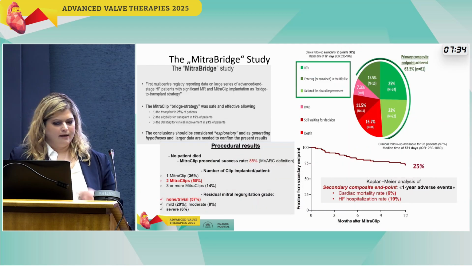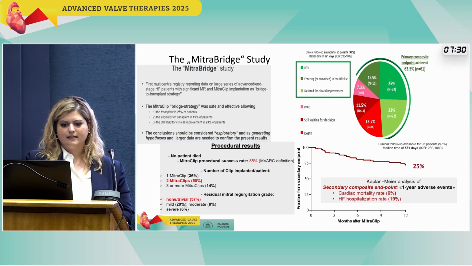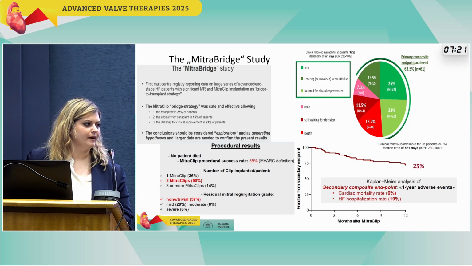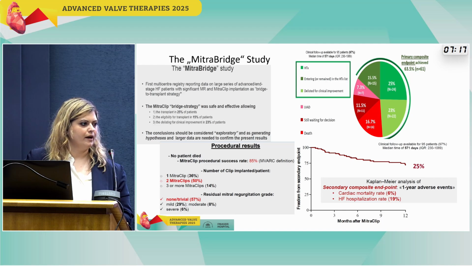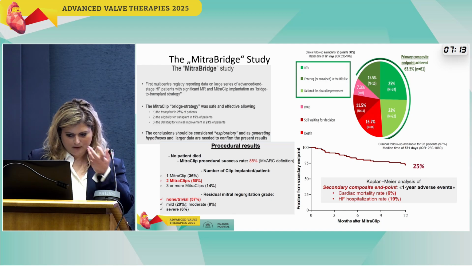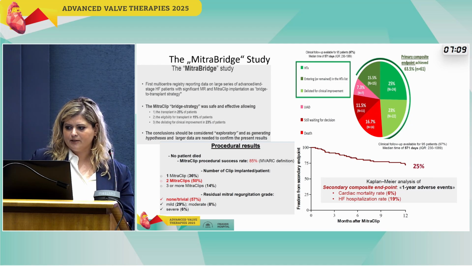Also, I would like to say a little bit about the MITRA-Bridge study that also tells us that they studied about 119 patients with a severe MR who were listed for transplantation or before a heart transplantation could be done. And as we see, the primary composite endpoint was achieved by 63.5% of the patients.